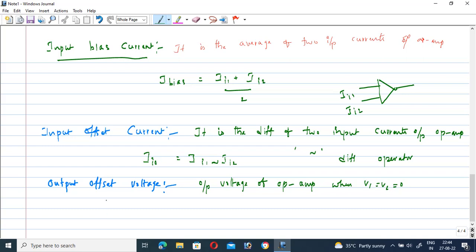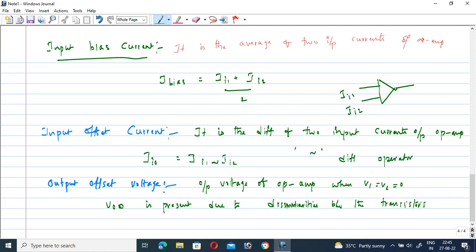It is present due to dissimilarities between the transistors.